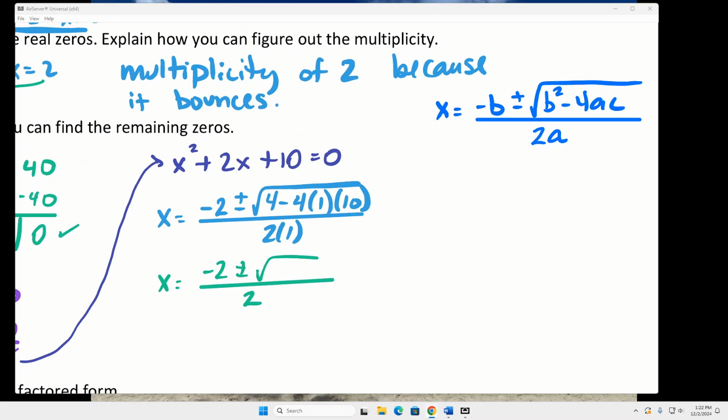So at this point, you can take in your calculator and just do 4 minus 4 times 1 times 10. Or you could actually do that in your head. So we all know 4 times 10 is 40. Do you know what 4 minus 40 is? Negative 36. So it's like you have $4, but you spend $40. So now you're $36 in the hole.